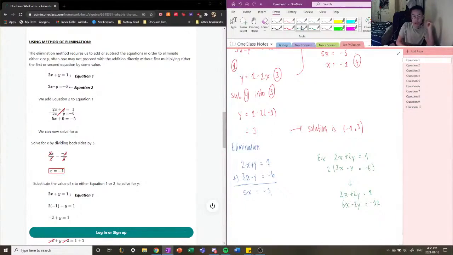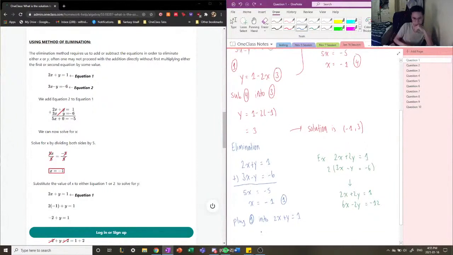So going back to our question here, we have now eliminated the y variable, so now we have 5x equals negative 5. Right? So now if we isolate for x, we get x equals negative 1. Okay? So now we found our x value of our solution, and now we just have to plug it back into one of our linear equations. So let's do this. Let me plug negative 1 into 2x plus y equals 1.